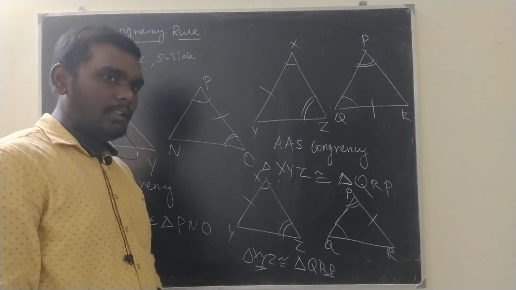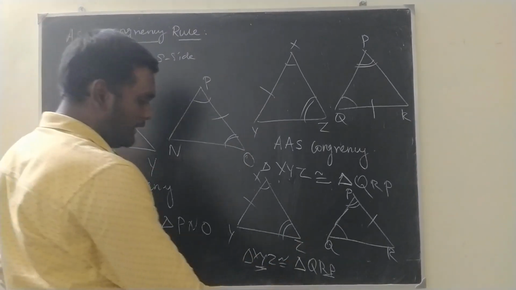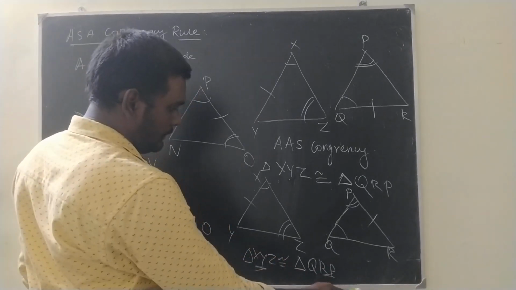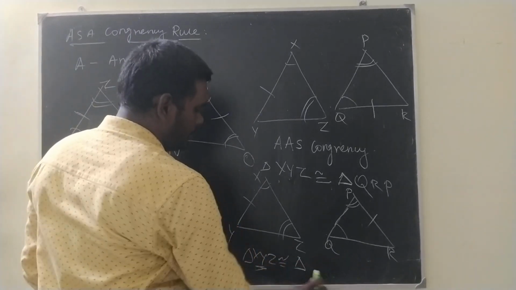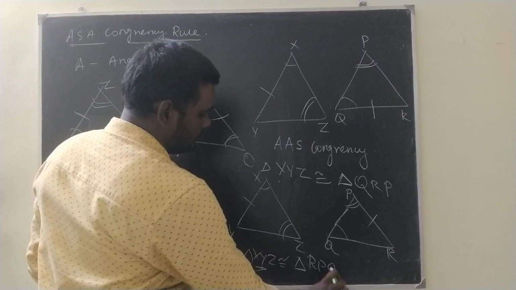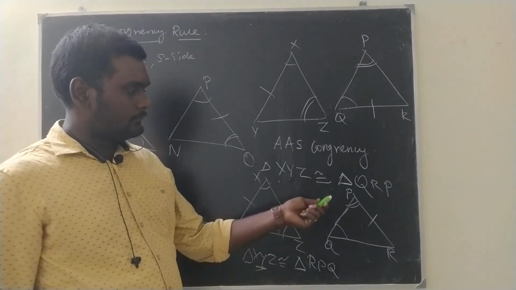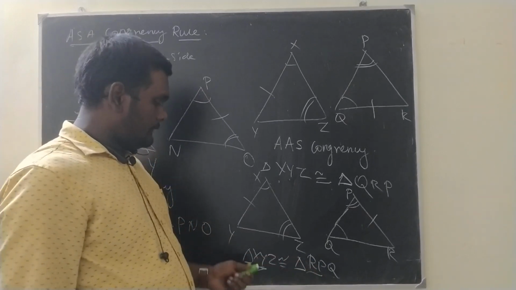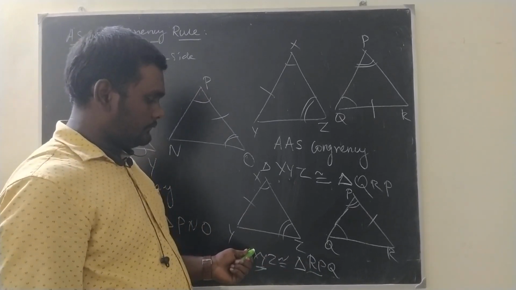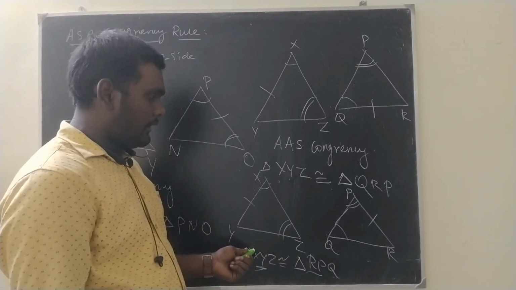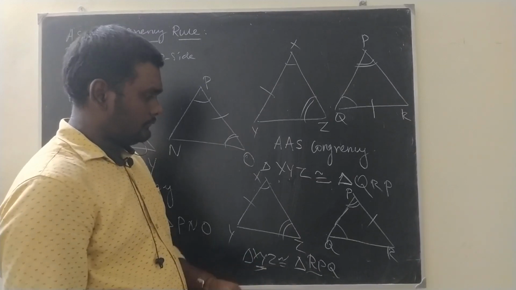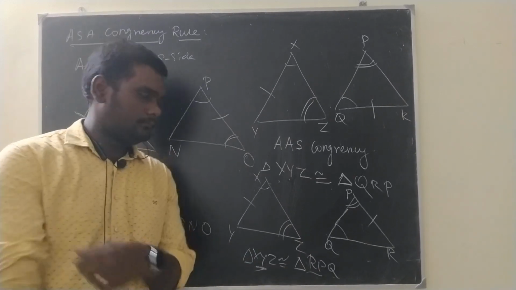We can't say that. Then shall we rearrange it like RPQ? Then XY is equal to RP, and X is equal to, PRQ itself we will write, right? Think well.